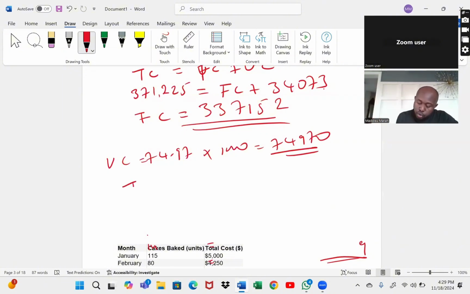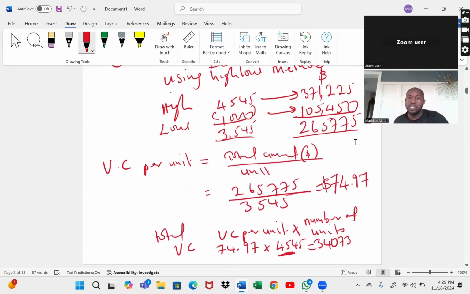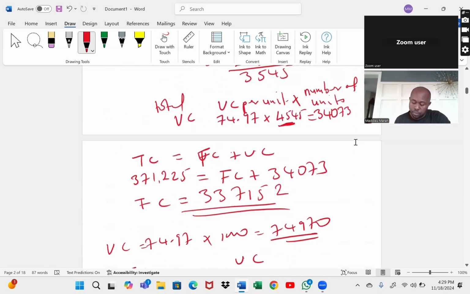Now, we know total cost is equal to fixed cost plus variable cost. Because we use the low activity of 1,000, we are going to use the total cost for the low activity, which is 105,450.